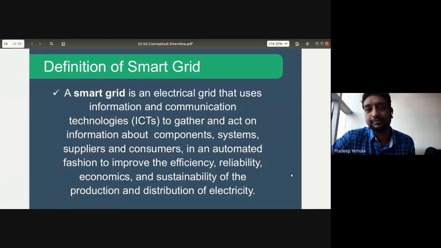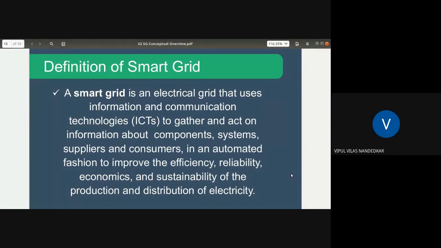Sir, as we have seen, the communication layer is serving as a bridge between the physical layer and the information processing layer, right? So when the data is getting as a feedback to both the layers, whenever we have data in the information processing layer, the same data is getting into the communication layer as a feedback, as there is a two-way communication.